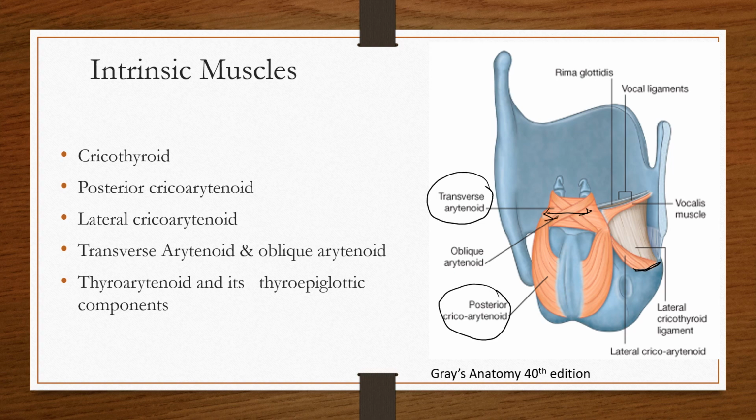Extending from the muscular process to the apex on either side are the oblique arytenoid muscles. These continue upwards to form the aryepiglotticus muscle. The thyroarytenoid is a small muscle which arises on the posterior aspect of the thyroid cartilage and goes to the arytenoid behind. A part of it is called the thyroepiglotticus muscle.